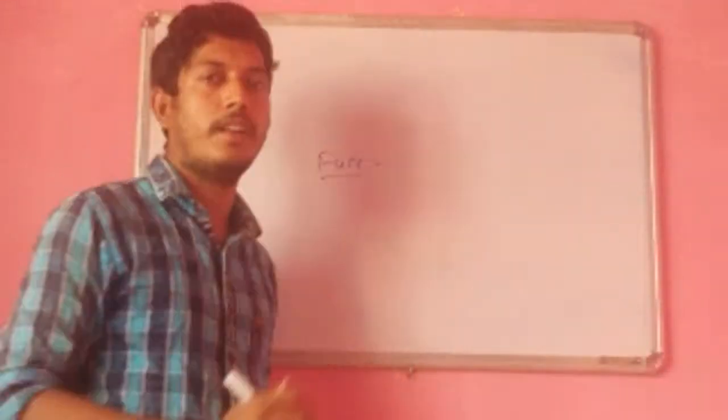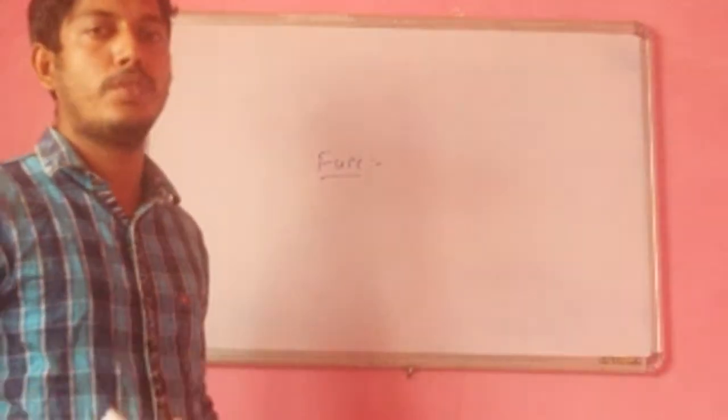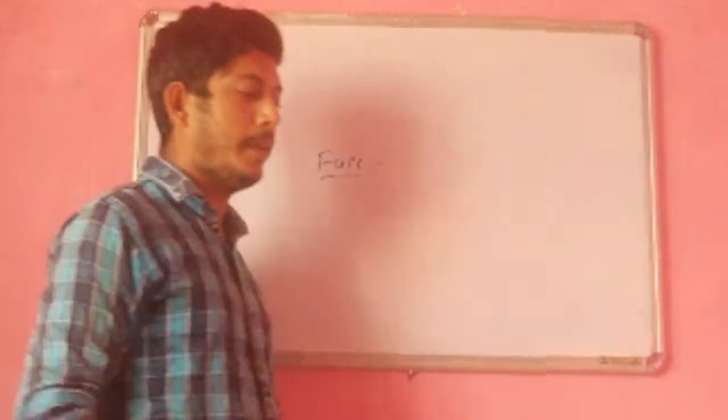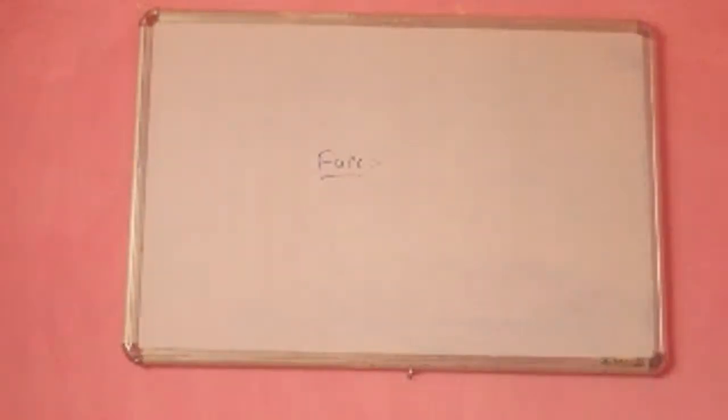In electricity chapter also we learned about the uses of fuse. Just comment me what is the use of fuse in electric circuit. So that is a very important question. Use of fuse.